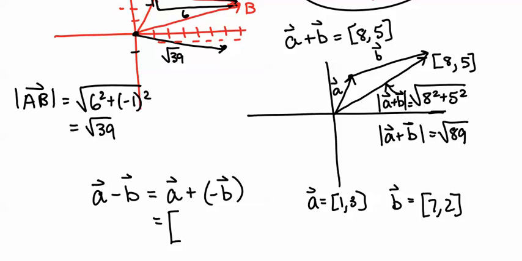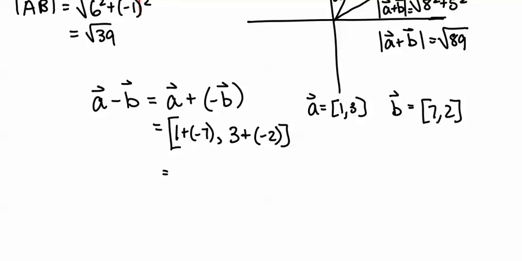So we would just take 1 plus negative 7. And then 3 plus negative 2. Okay, so that would make vector A minus vector B equal to negative 6, 1. Okay, and that's how we subtract vectors.